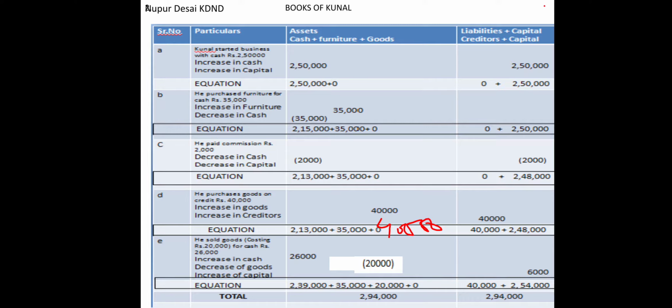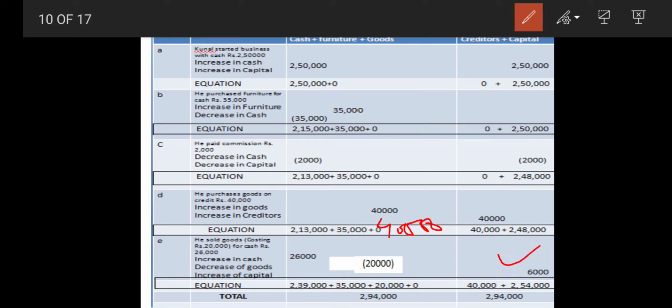How come profit? Because goods of 20,000 were sold for how much rupees? 26,000. So 26,000 minus 20,000 gives you a profit of 6,000. So here shown 6,000 profit, 20,000 is your goods decreased, and 26,000 is your cash increased.